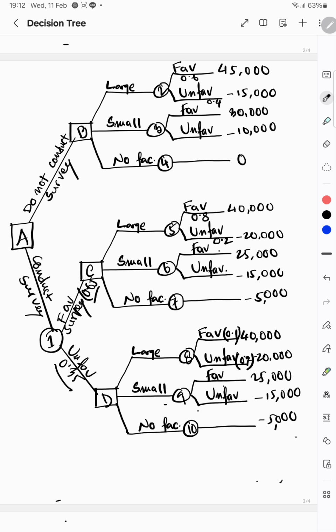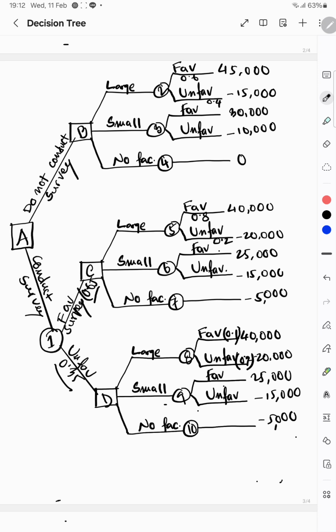Right, now we'll start calculating. Look at the picture. There are some circles and some boxes. The circles are calculations, meaning we will calculate EMV, the expected monetary value, which equals probability times the value of that state. So here the probability is 0.6 and the value of this state is 45,000.